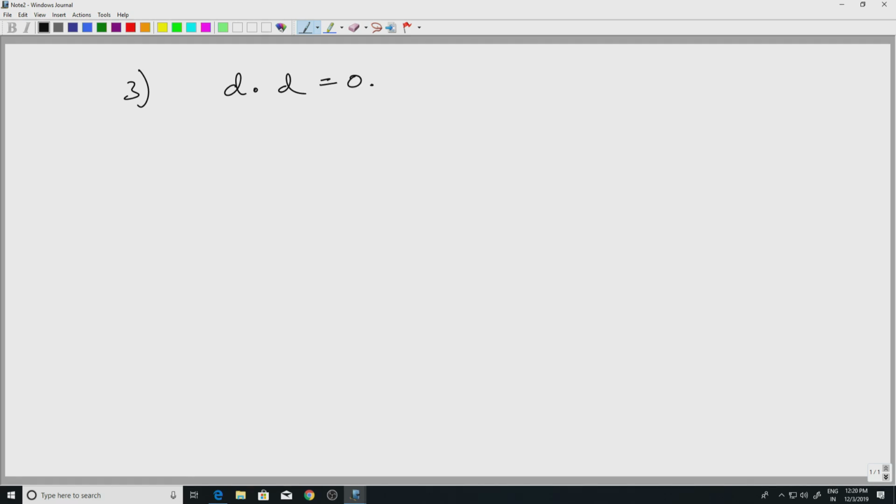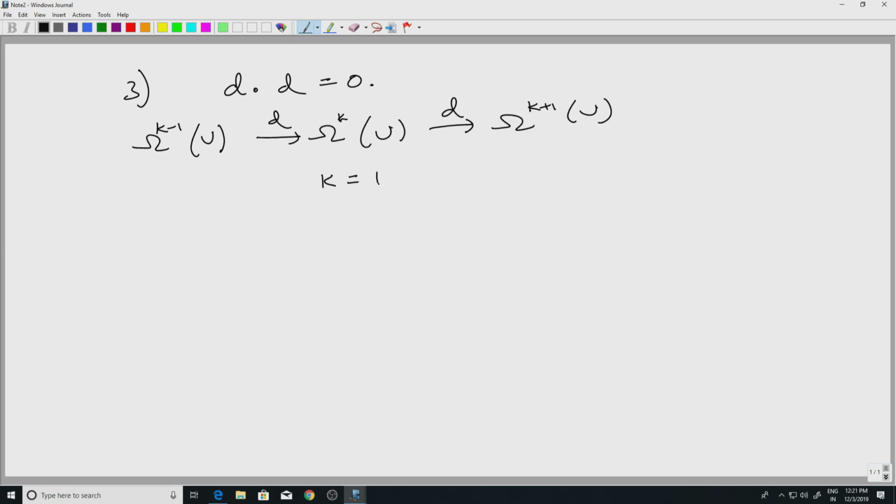First, let's do it for 0-forms. Remember that this d was supposed to be from omega^k(U) to omega^(k+1)(U), and here I have omega^(k-1)(U). The claim was that this composition is 0. So let's start with k equals 1.